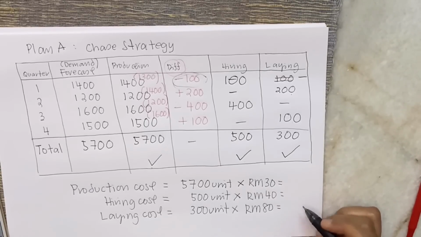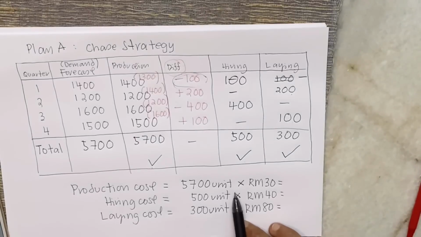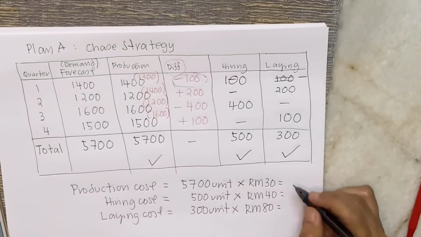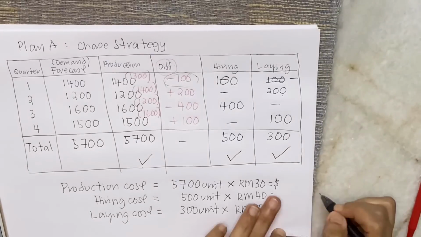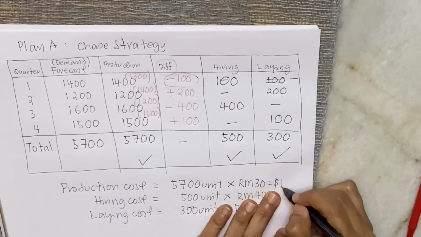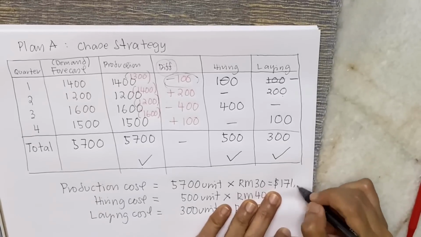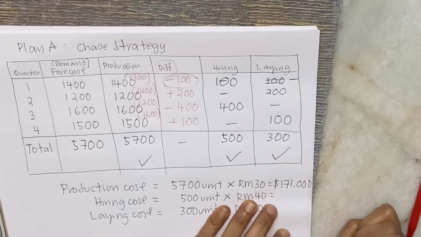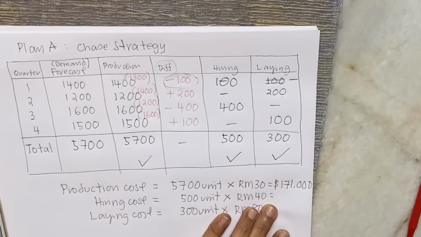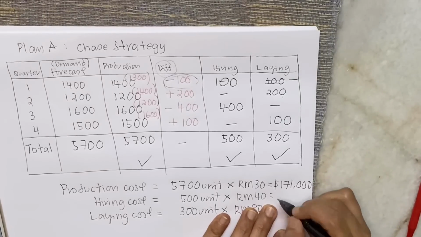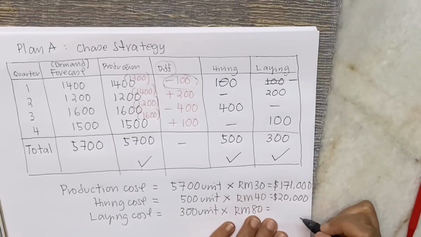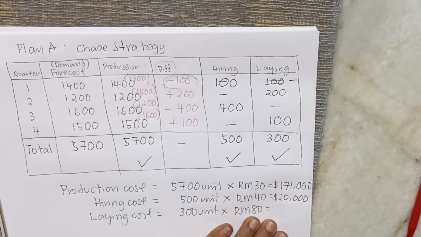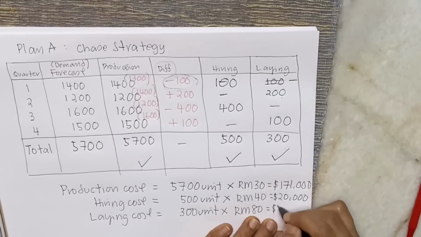Yeah. So 5700 times with 30, we got, okay, I use the dollar sign because there is not enough space, 171,000. Okay, now hiring cost is 20,000. Okay, laying off is 24,000.